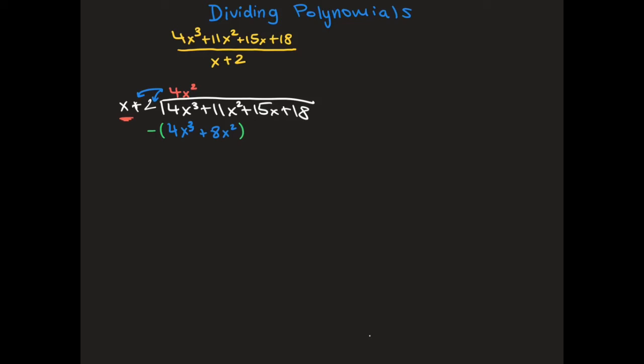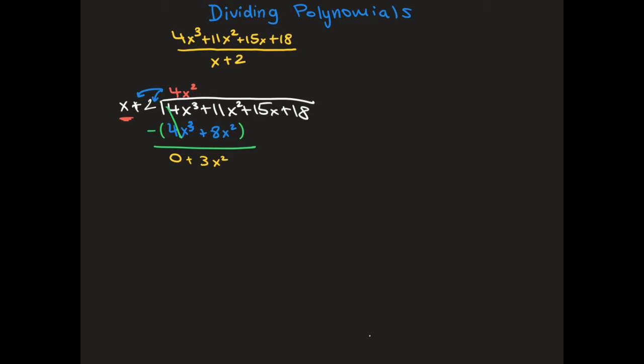So 4x cubed minus 4x cubed, those two cancel out. And 11x squared minus 8x squared, you get 0 plus 3x squared. Let me write that in a different color. So you get 0 plus 3x squared.